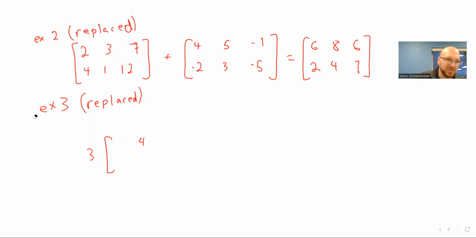Makes that a nicer 2. So I just multiply each term here by the scalar that's in front of it, 3. A scalar is just a single number. So 6, 12, 3, -15.